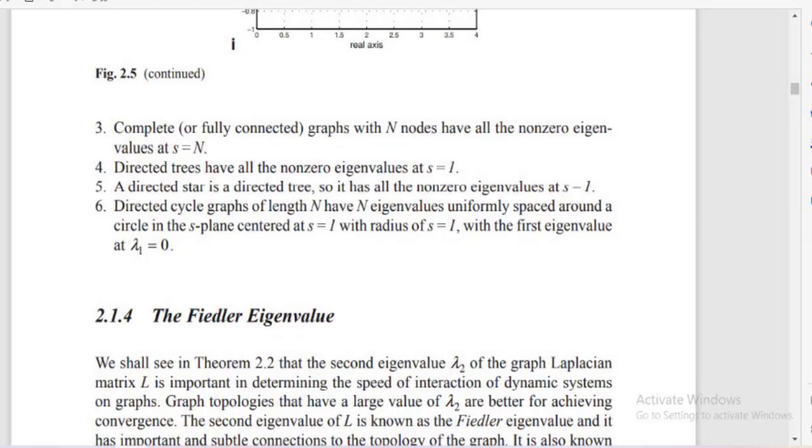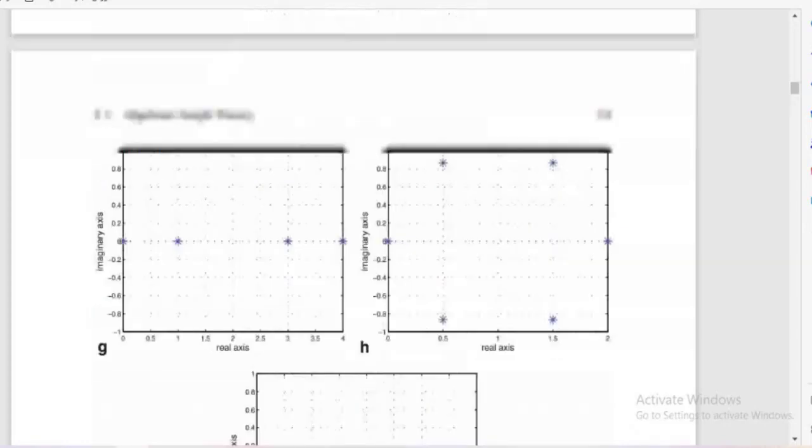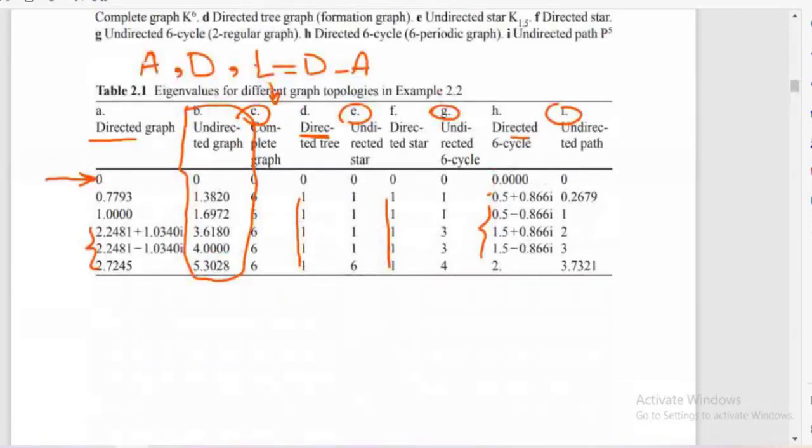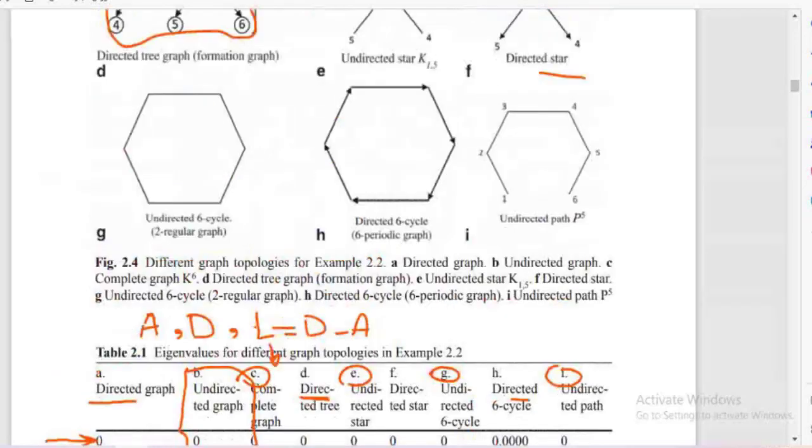Directed cycle graphs of length n have n eigenvalues uniformly spread around the circle. Like this, number G. It is a loop.